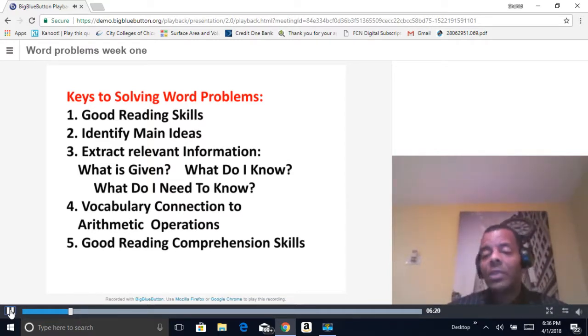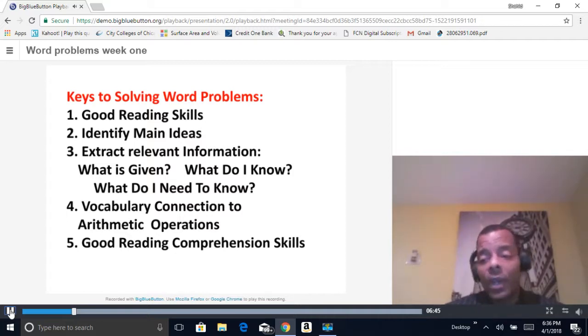It may say, what is the total? So whatever the word problem is, it's going to have questions in the problem that ask you to answer the question, what do I need to know? So those are three questions you definitely want to be able to go through and analyze to answer when you start reading your word problems.